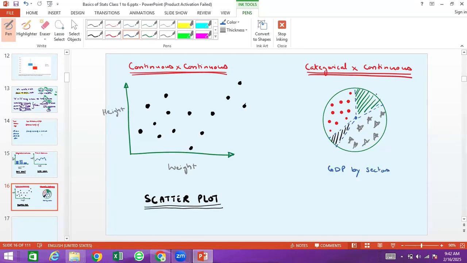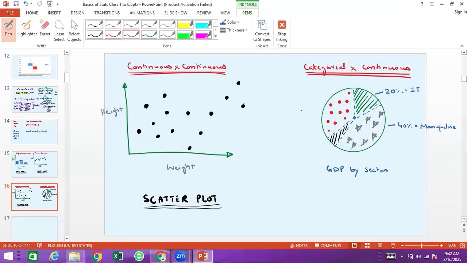So I can say that maybe 20% is contributed by IT, let's say 40% is contributed by manufacturing. Similarly, I can say that 30% is contributed by farming.